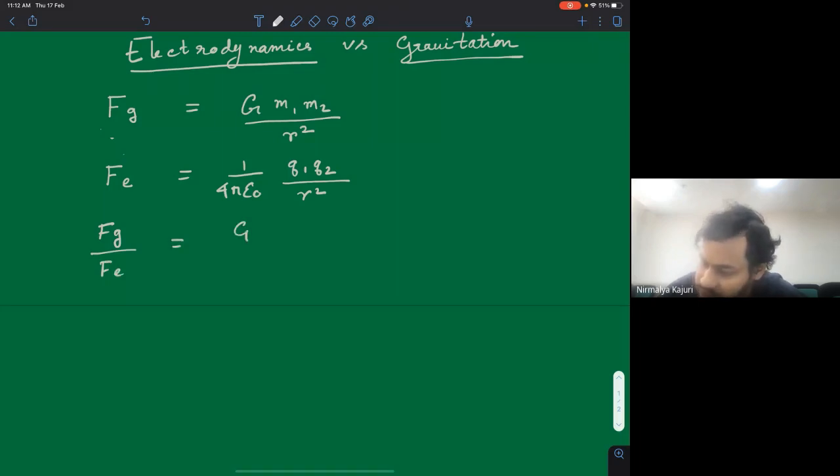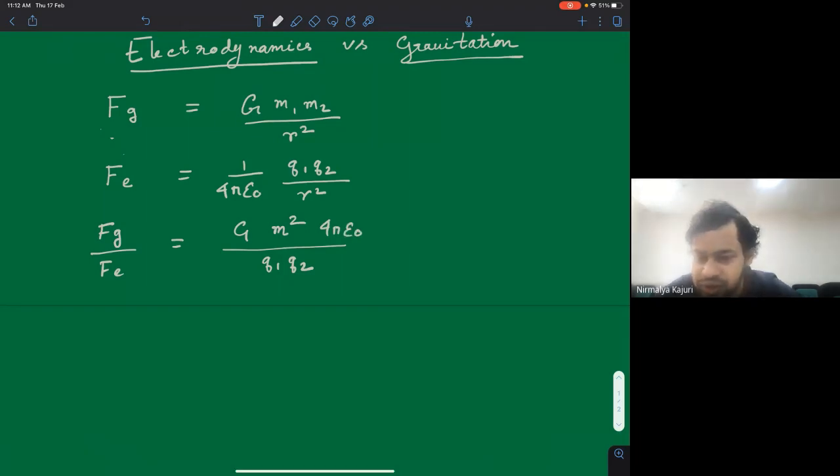So this is G, both are electrons, so m square, divided by q1 q2 into 4 pi epsilon naught. Notice that r square has gotten cancelled because both fall off as 1 over r square.